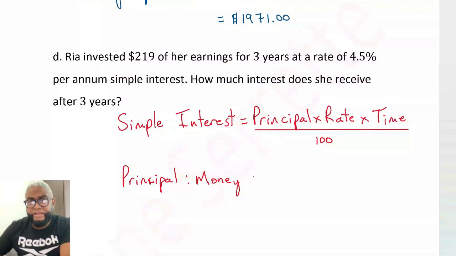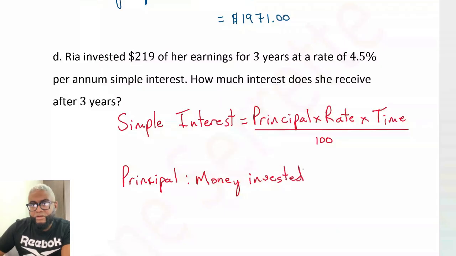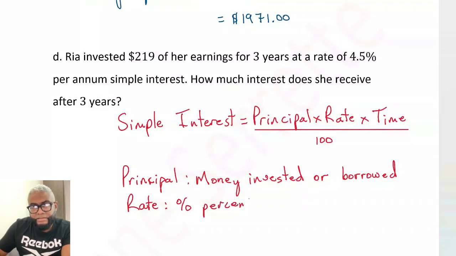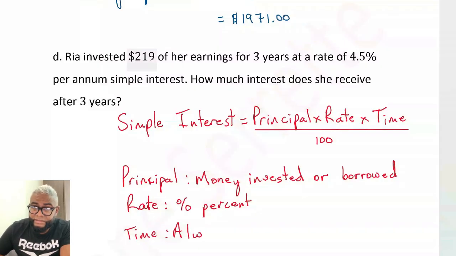Any kind of formula, any kind of definition is good to write over and over so that it will stick. Your rate is your percent. And time is always in years. So even if it's 6 months, you don't put 6, you put a half. That's half of a year.